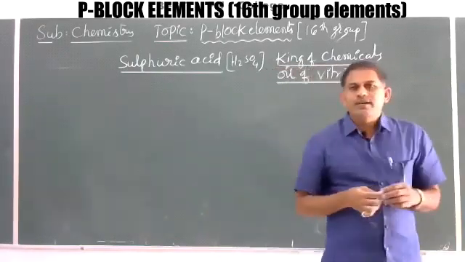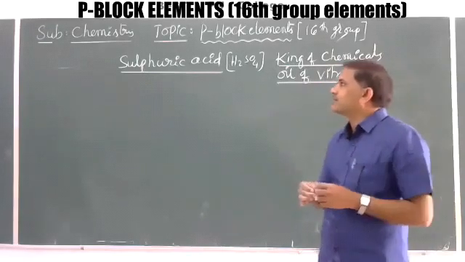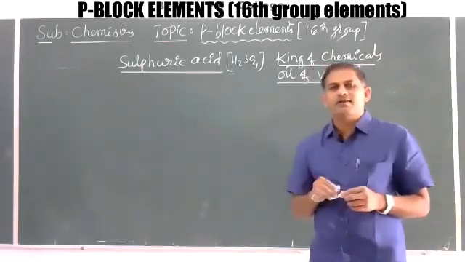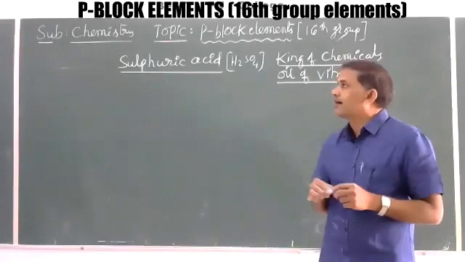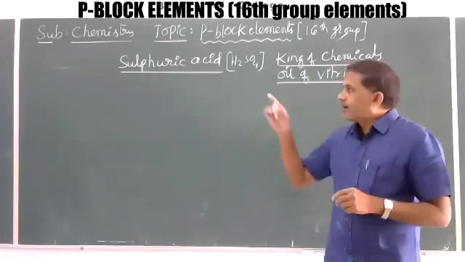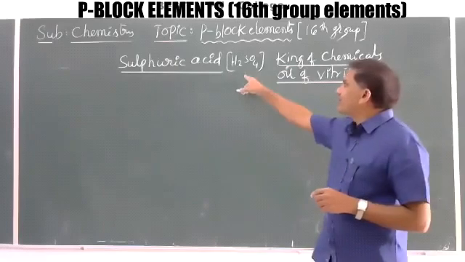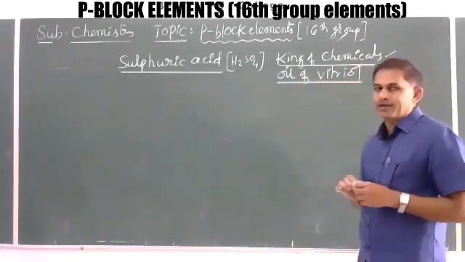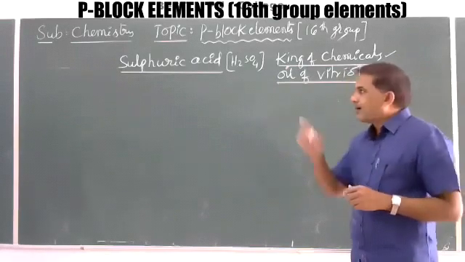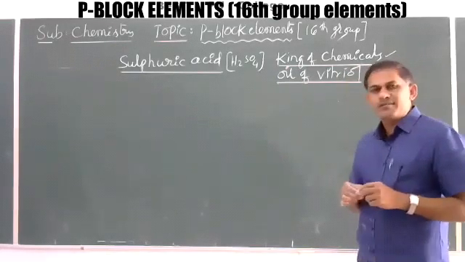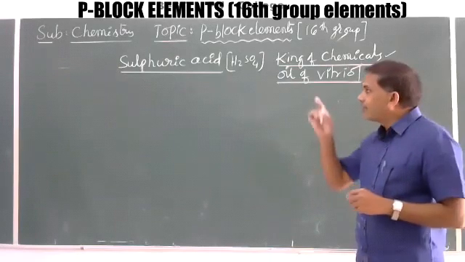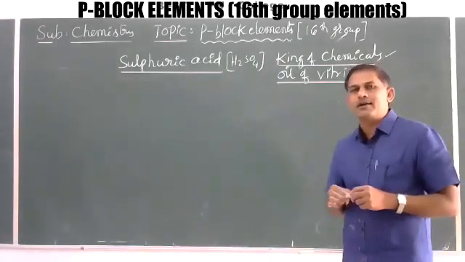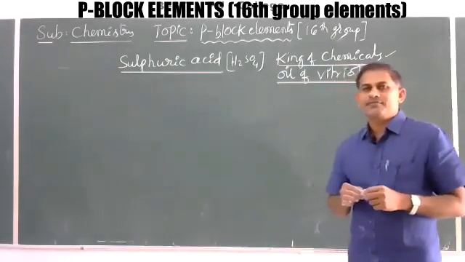One of the most important questions in the 16th group elements: we can expect one 3 marks question on the basis of sulfuric acid. Your sulfuric acid formula is H2SO4. It is called the king of chemicals. Why is it called the king of chemicals? In industry or in any other chemical reactions, this sulfuric acid is widely used in different chemical processes.